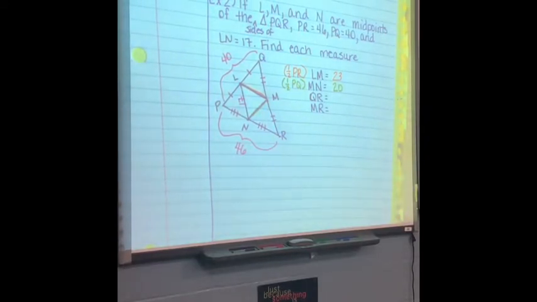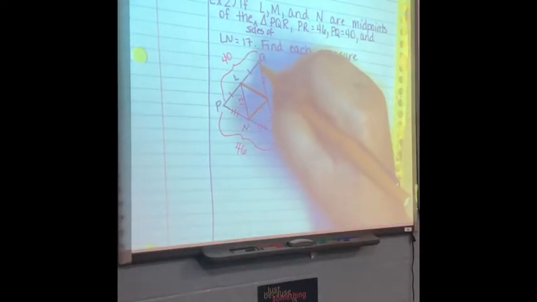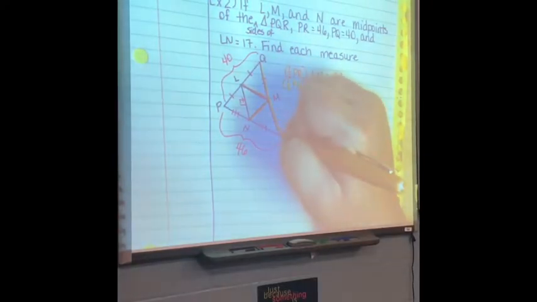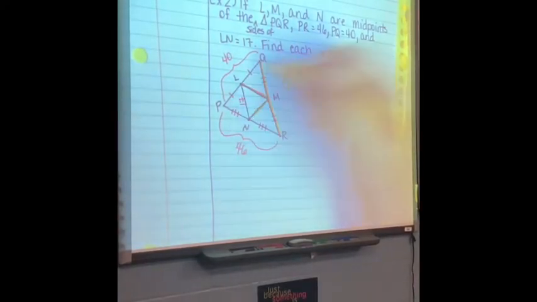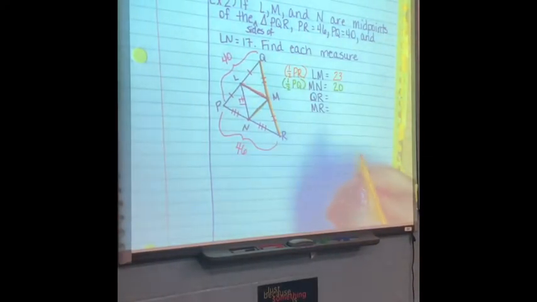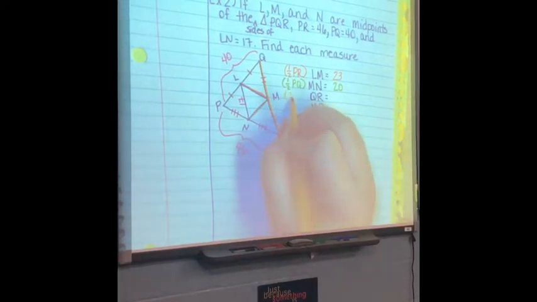All right, and then what is, some days picking colors is just so hard. All right, so QR, they're talking about this long side over here. How can I find QR? So it is 2 times LN.